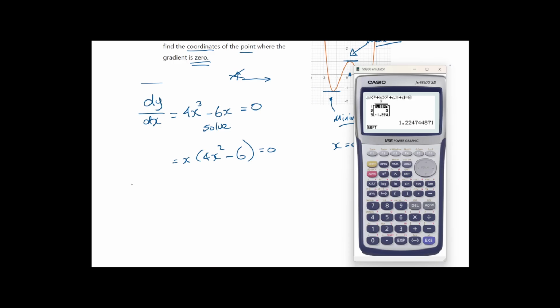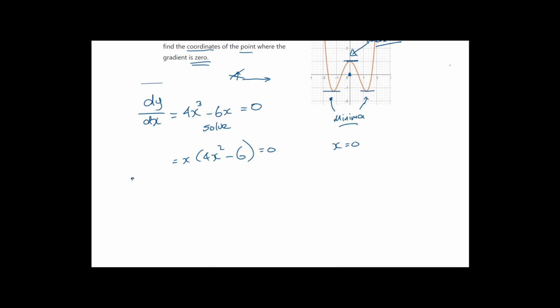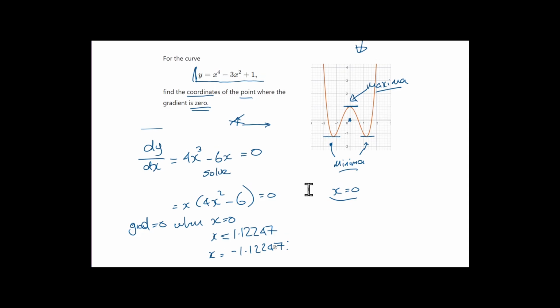It's going to have gradient equals 0 when x equals 0, but we already worked that out. When x equals 1.2247 and x equals minus 1.2247. And then we would put these values into the original equation and find out what y was.